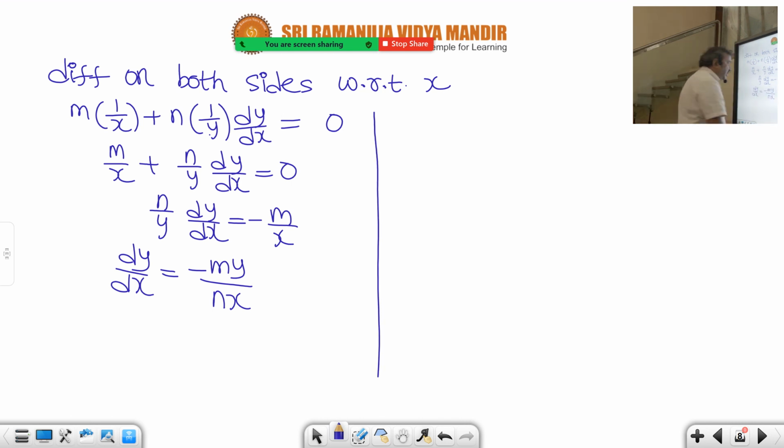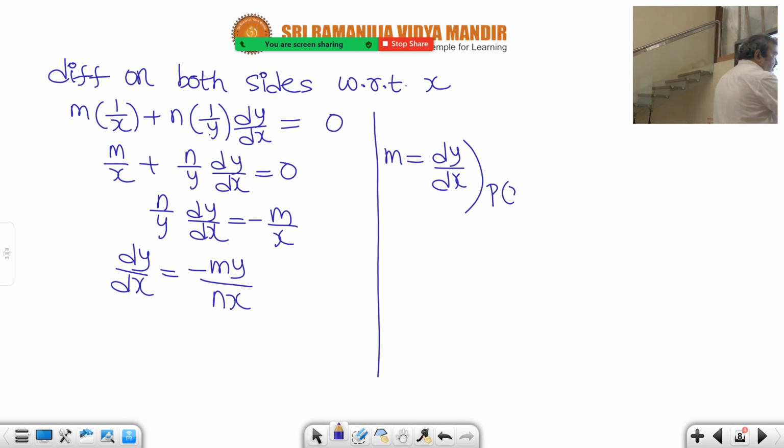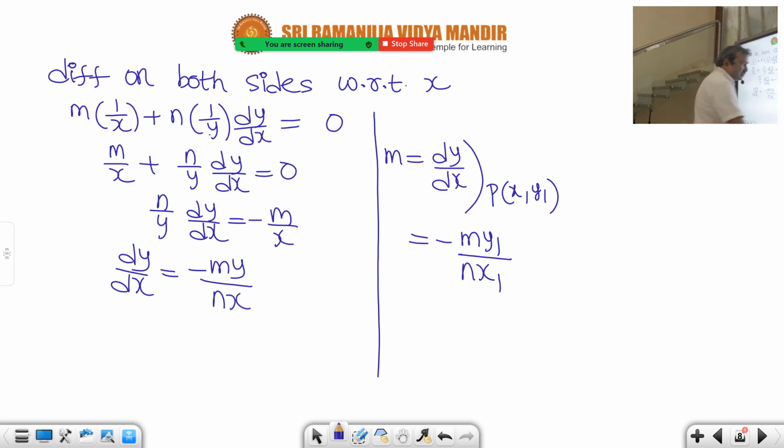Now you have to calculate slope of the tangent at the point P x1 y1. M is equal to dy by dx at the point P x1 y1, because you have taken that let P x1 y1 be any point on the curve. Ready? So the result is minus m y1 by n x1.